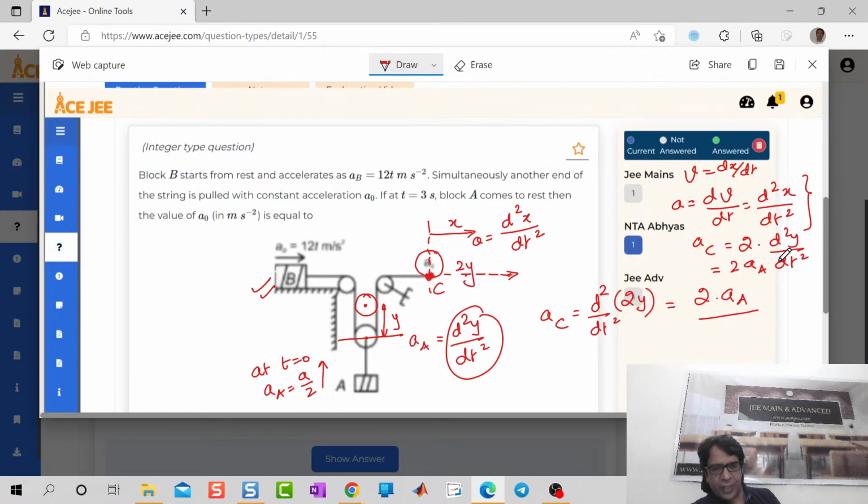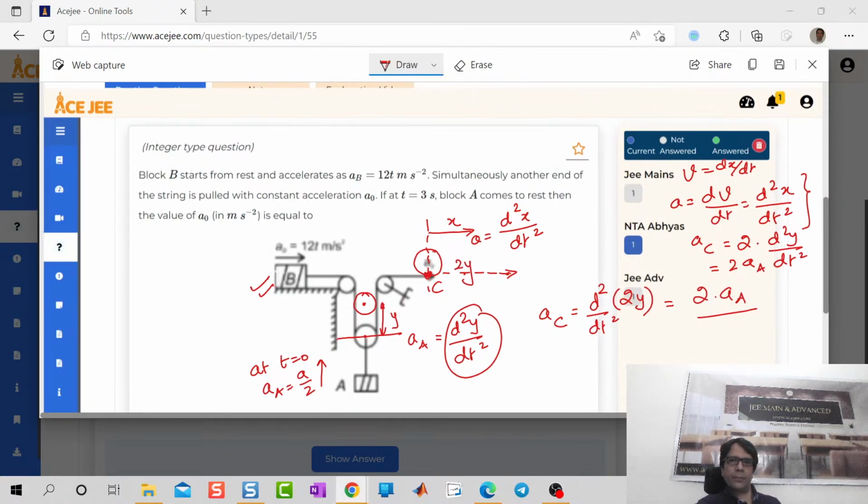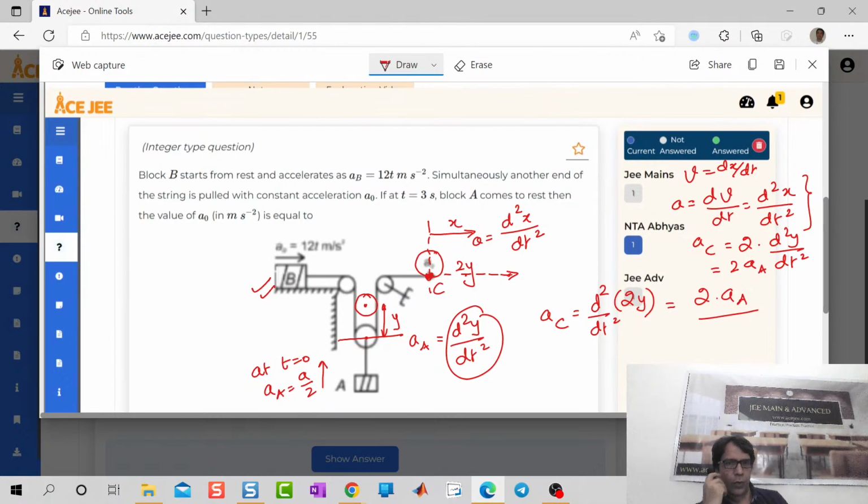The right end of the rope is moving towards the right with acceleration a0, and once again B is moving with acceleration 12t. It's a function of time. So what will be the acceleration of the block A as a function of time t?